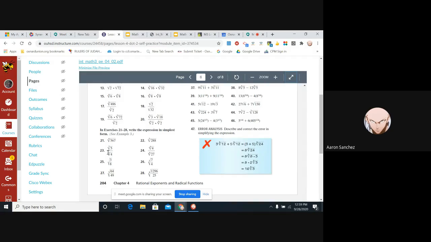The cube root of 5 over the cube root of 4. Wait, this one. Not sure. Can't simplify that anymore. Oh, no, I know.